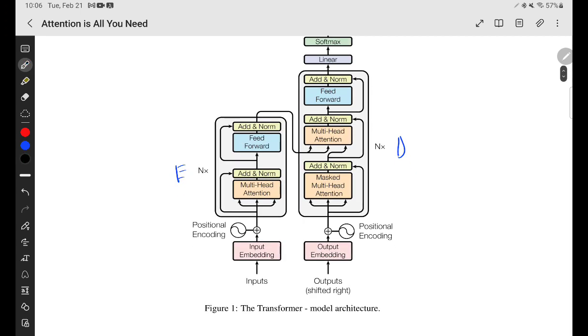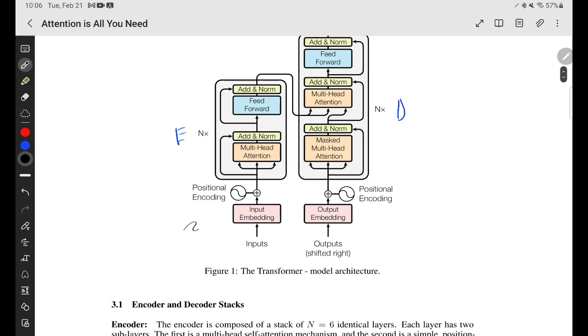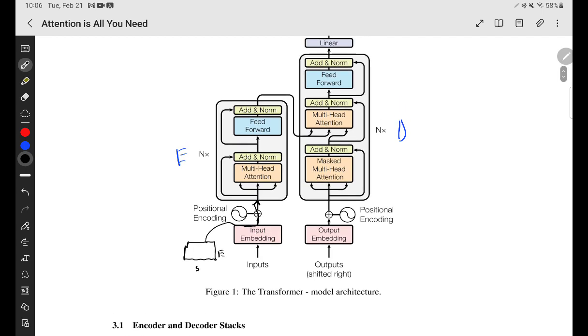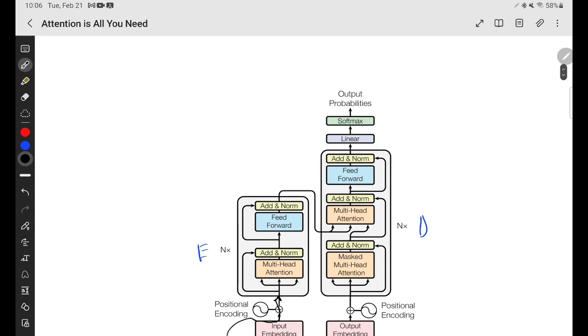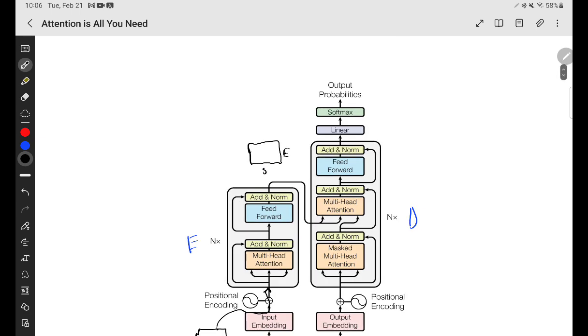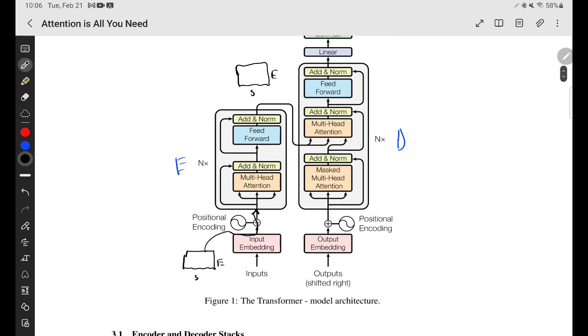So you have this sequence that is of shape S by E. Don't worry about positional encodings right now, we'll get into that in a sec. You feed this through n different encoder blocks, and you get a sequence that is S by E output. And then you feed a sequence that is 1 by E.